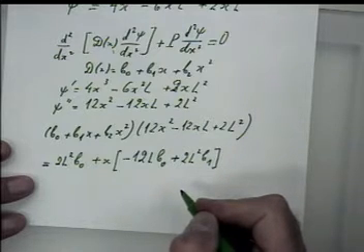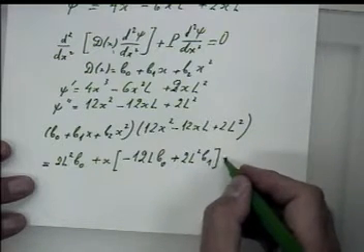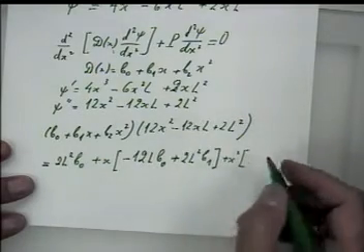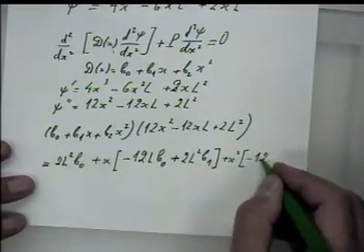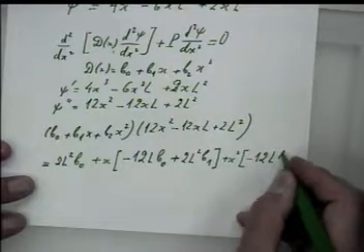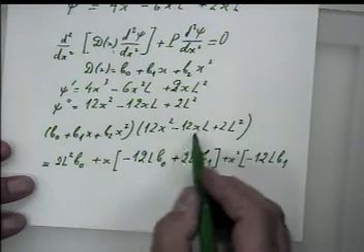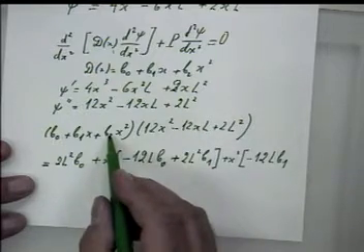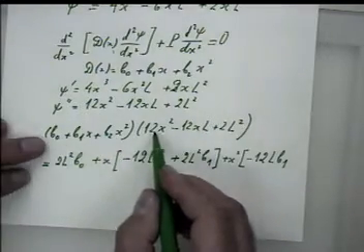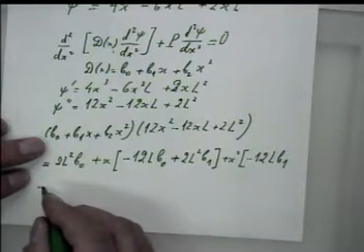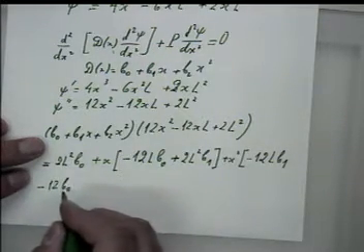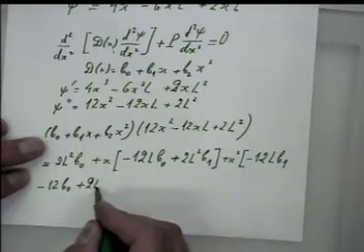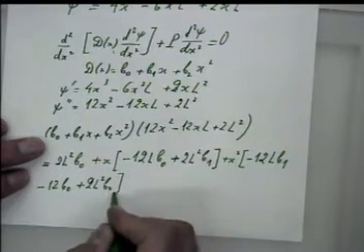That gives us the terms with x. Now plus x squared. This term times this term will give minus 12L b1. This times this also gives minus 12 b0. And then this with this, plus 2L squared b2.